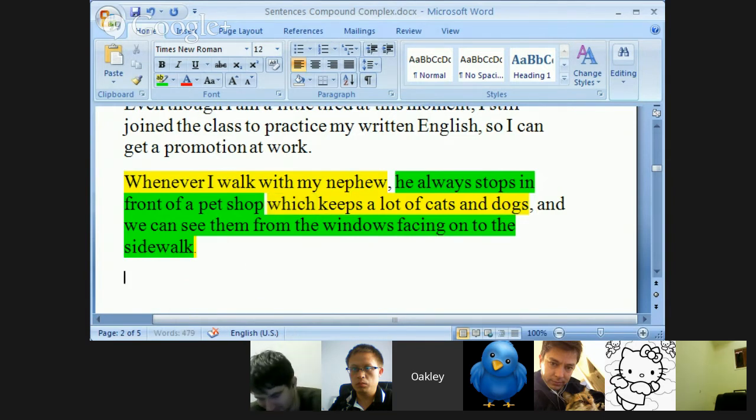Especially, for example, if you're in test preparation for an English test like IELTS or TOEFL or TOEIC or whatever, definitely you would lose points for having "which face onto the sidewalk," for repeating the same relative pronoun and subordinator over and over again.